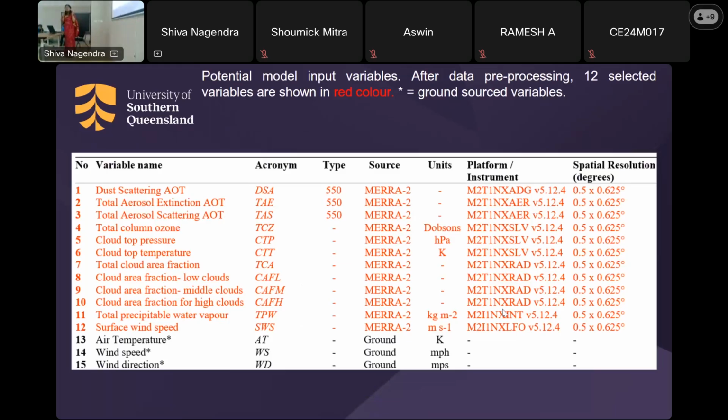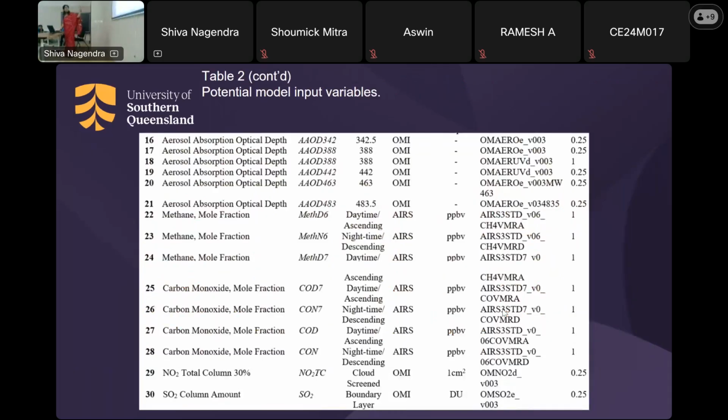This is to enable future researchers, in case they want to replicate the study and involve more hotspots, to know what data was used. These were the other variables: methane, carbon monoxide, nitrogen dioxide, sulfur dioxide, aerosol absorption. But they were not chosen for modeling.